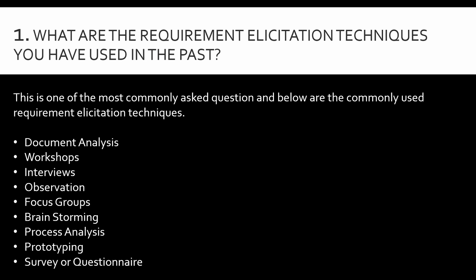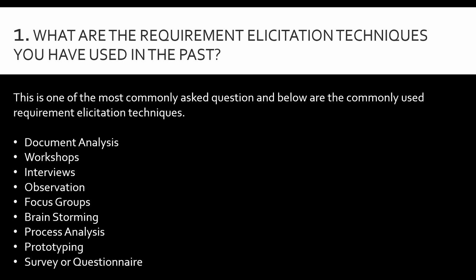What are the requirement elicitation techniques you have used in the past? This is one of the most commonly asked questions, and listed below are the commonly used requirement elicitation techniques. Some of them are document analysis, workshops, interviews, observation, focus groups, brainstorming, process analysis, prototyping, survey or questionnaire.